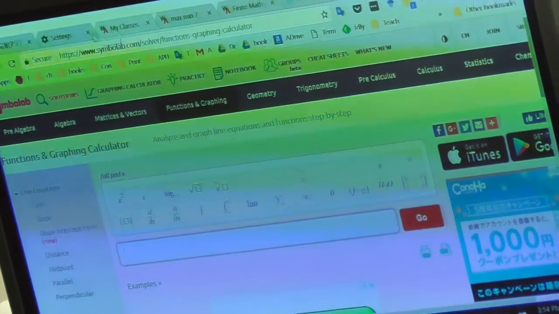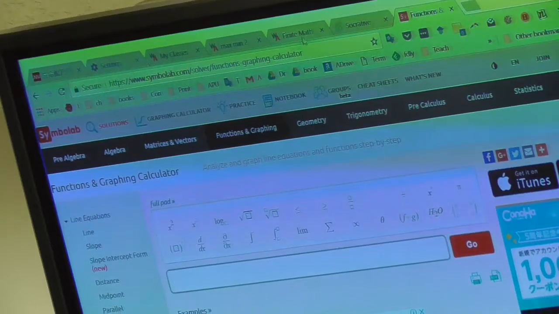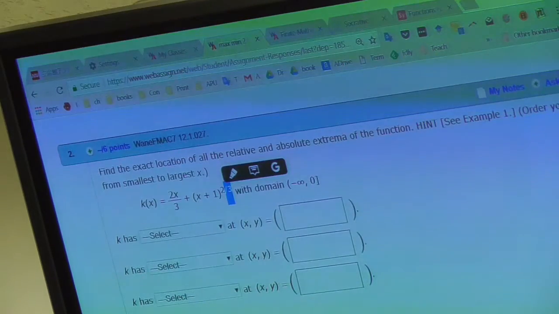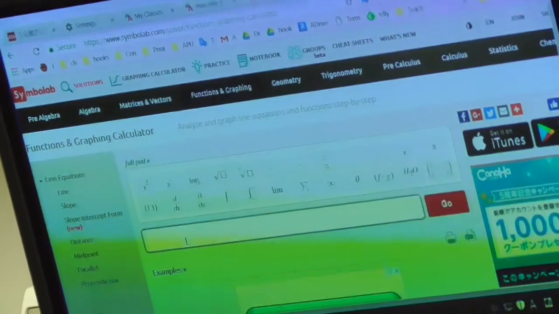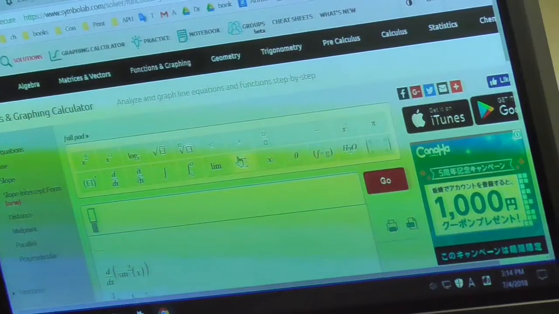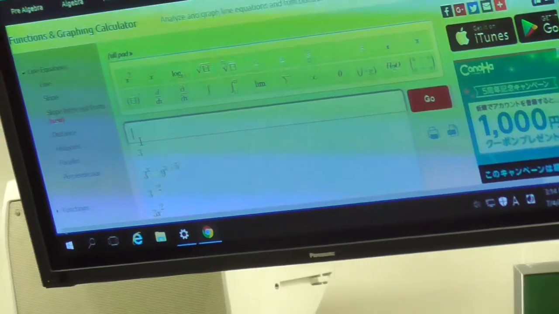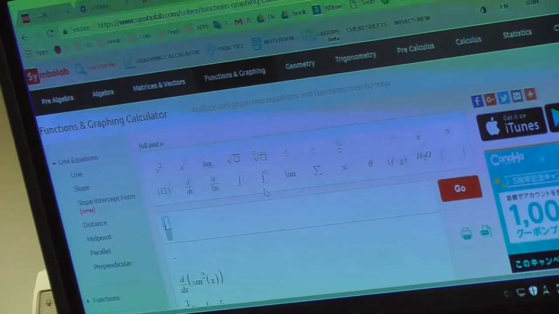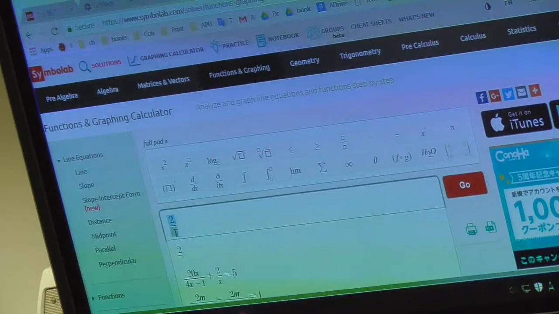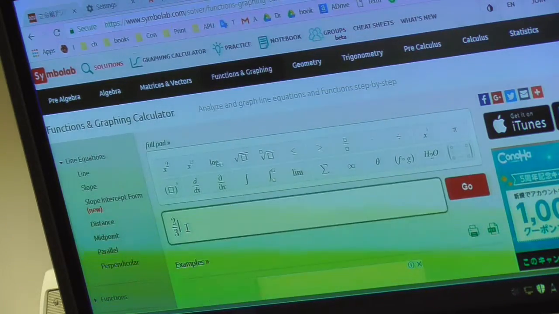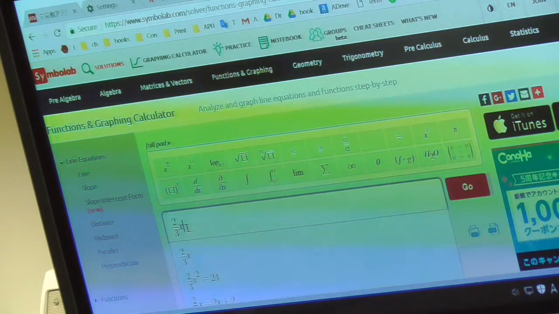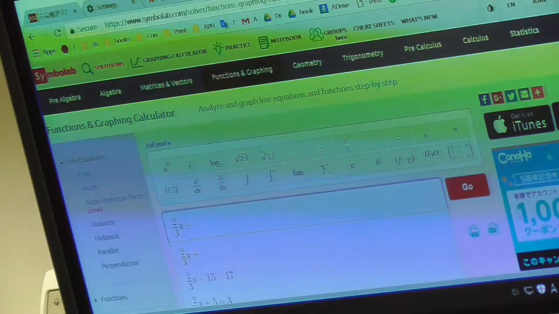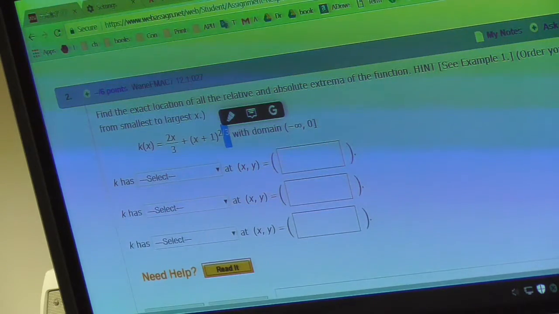Over here, I think we don't need that 2/3 part. No, I guess we should do it. Okay, what is this? 2/3 x. How do we do that? Two thirds x plus x plus 1 to the 2/3.